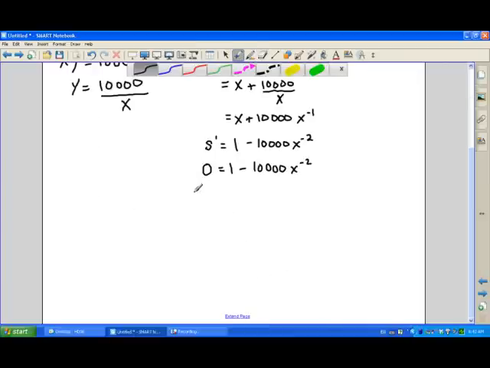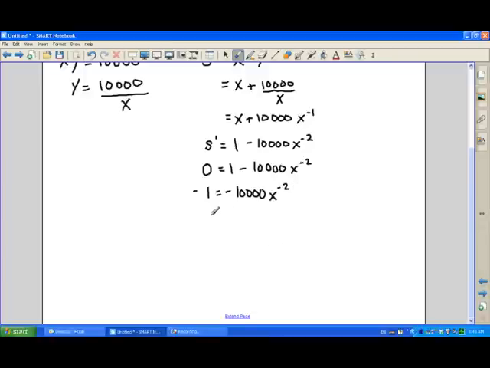So rearranging, I would have negative 1 equals negative 10,000 times x to the power of negative 2, or clearing those negatives, I would have 1 equals 10,000 divided by x squared.